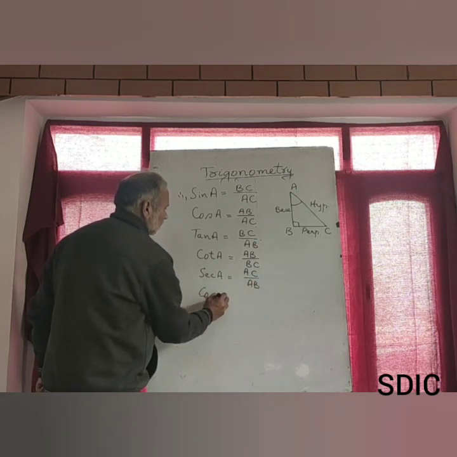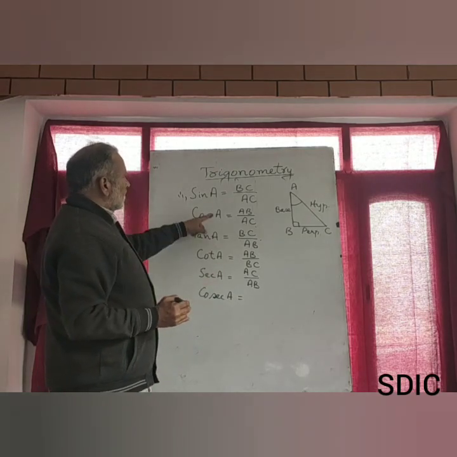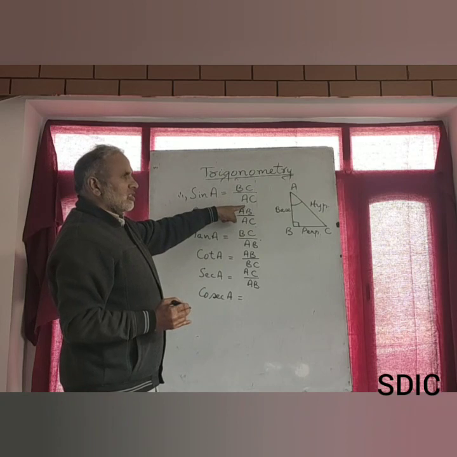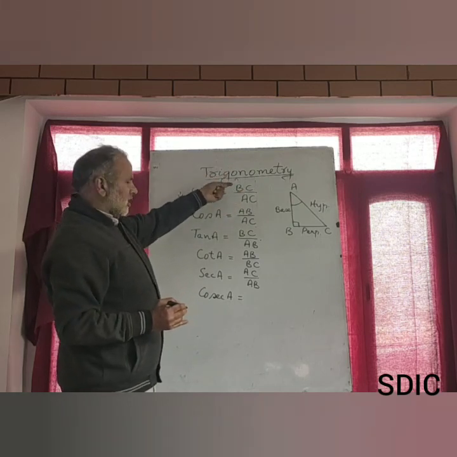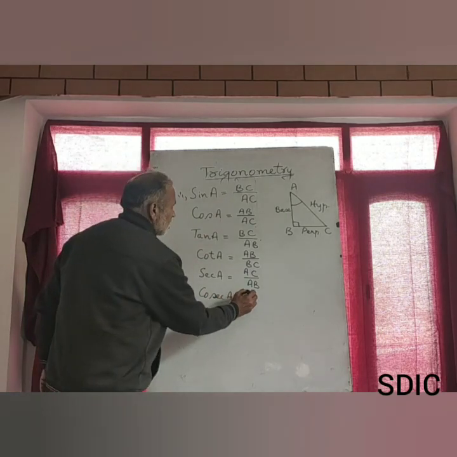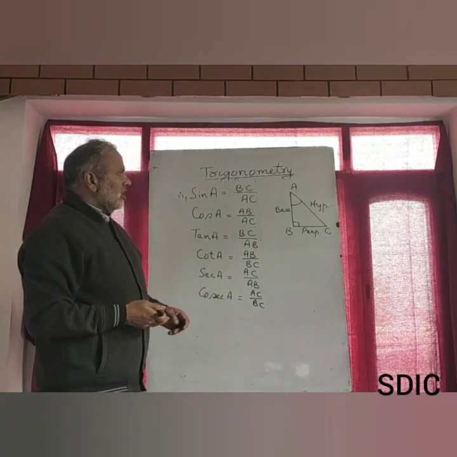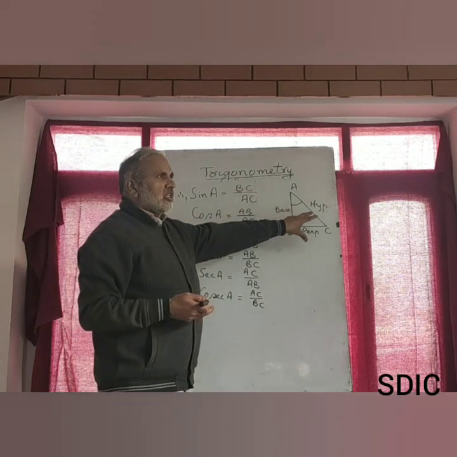Cosec A will be reciprocal of sine. Sine is BC by AC. Reciprocal of BC by AC is AC by BC. And therefore, cosec A will be AC by BC. This is how definition is applied to a particular triangle.